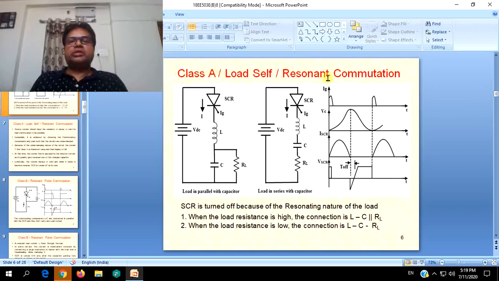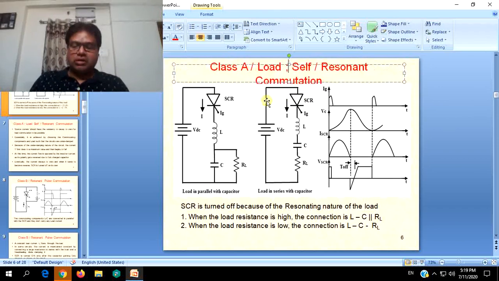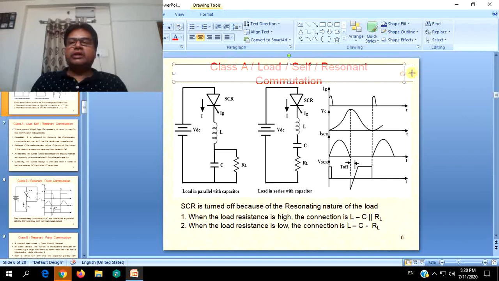Class A commutation is also called load commutation, self commutation or resonant commutation.